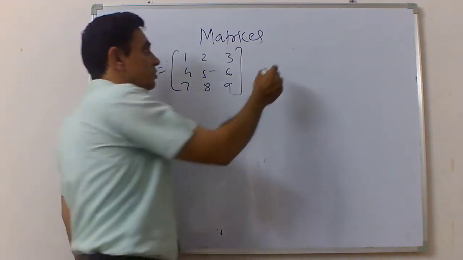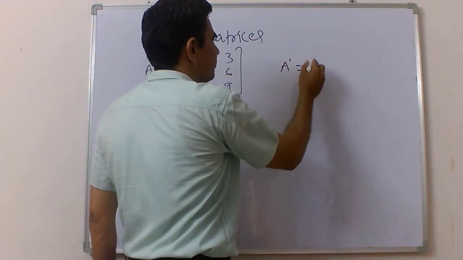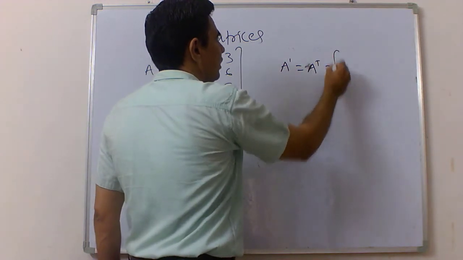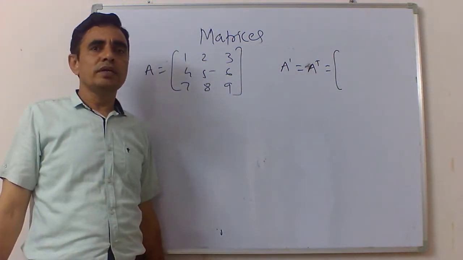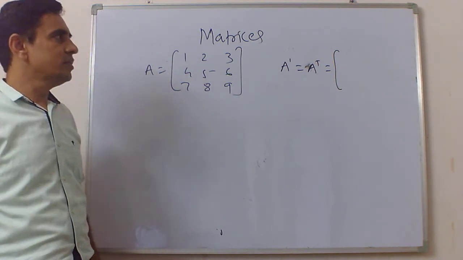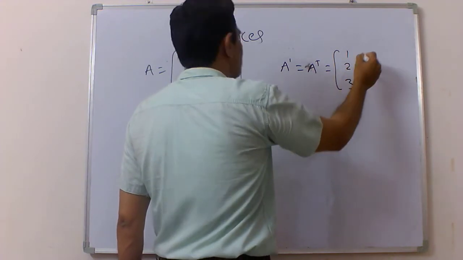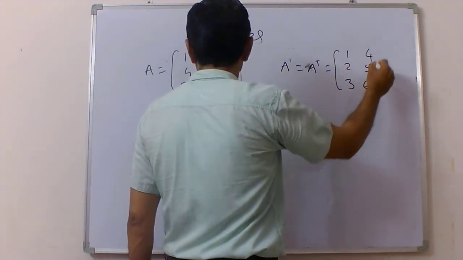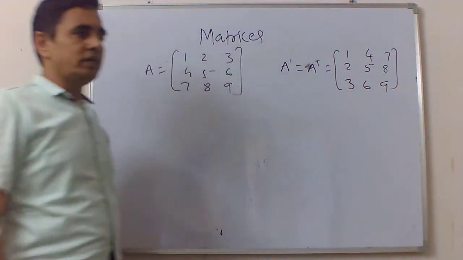Its transpose is denoted by A dash or A transpose, and we obtain that by changing rows to columns. Transpose of any matrix is obtained from that matrix by changing rows to columns. The first row changes to the first column, 1, 2, 3. The second row changes to the second column, and the third row changes to the third column. This is the transpose of a matrix.